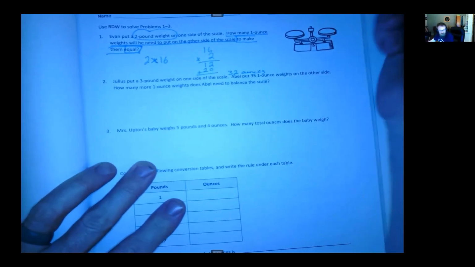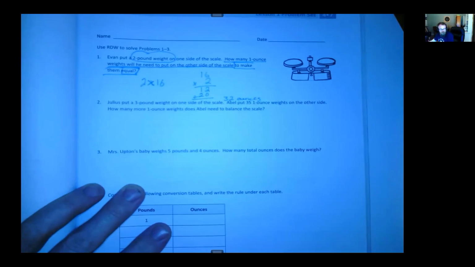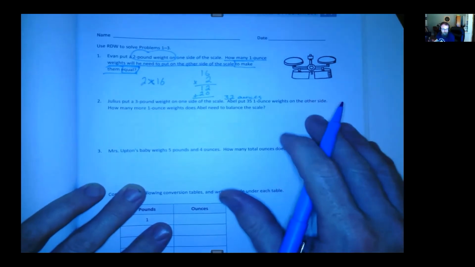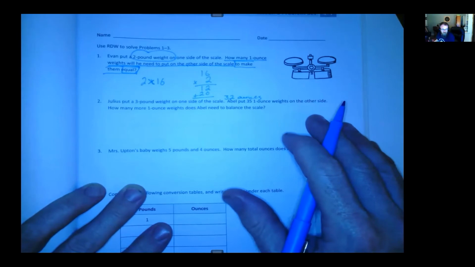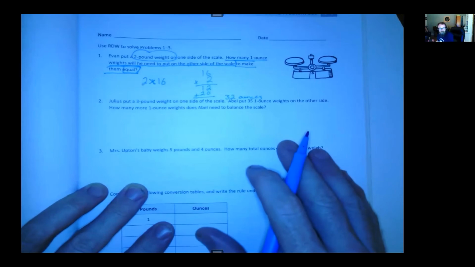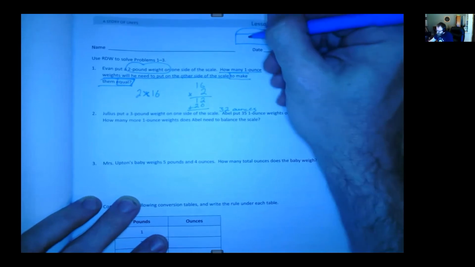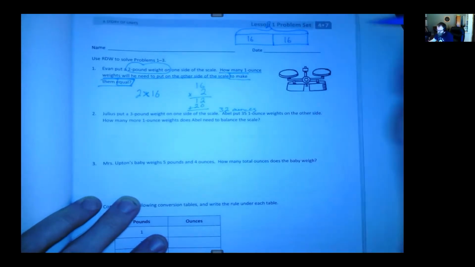If you wanted to draw a picture to help you with this first one, number one, we have a 2 pound weight and we're looking for an equivalent amount in ounces. You could make something that looks like this. 2 pounds divided into 2, and then each side separated into 16 ounces.